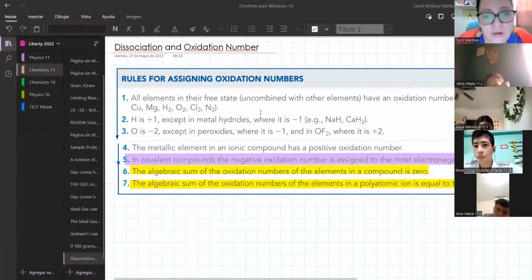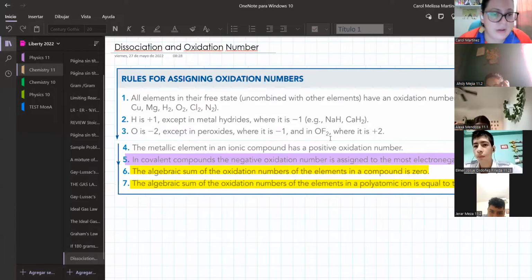This exception occurs because fluorine is the most electronegative element. It is related to rule number 5, which says that in covalent or molecular compounds, the negative oxidation number is assigned to the most electronegative atom.